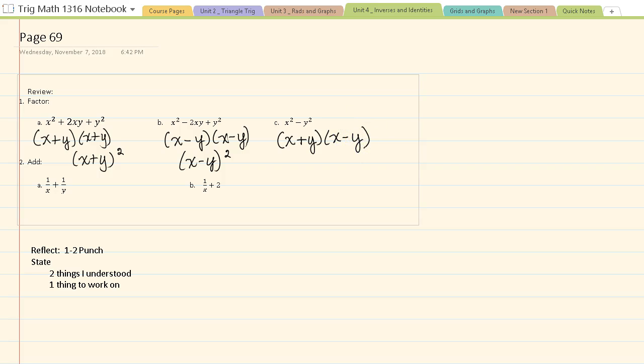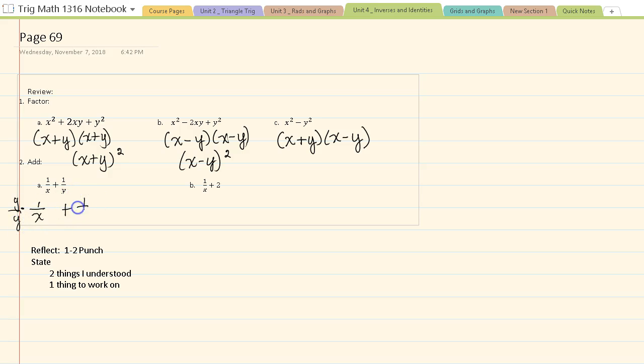For number 2, our job is to add fractions. Remember, we need the common denominator. Our denominators are x and y, which are different. So we're going to figure out what our common denominator would be. It would be x and y. So I'm going to get my 1 over x, and I'm going to multiply it times y over y.